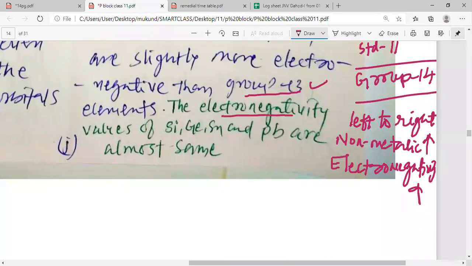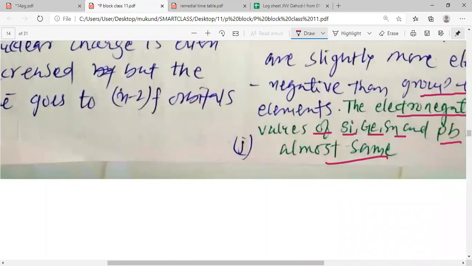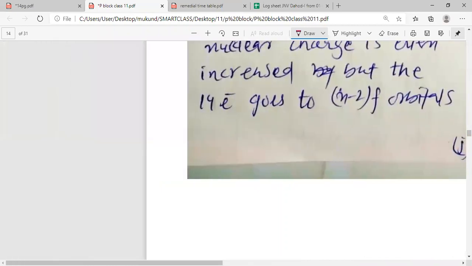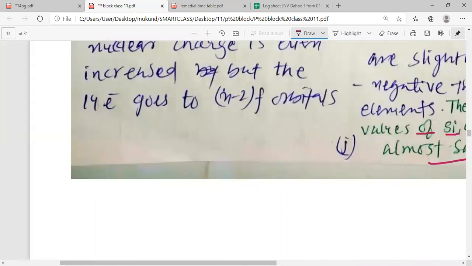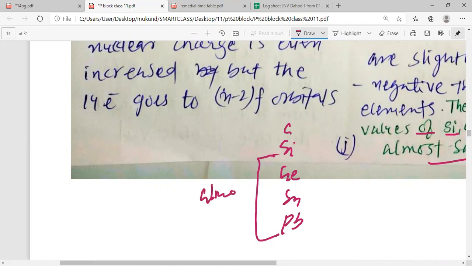The electronegativity values of silicon, germanium, tin and lead are almost the same. This is an interesting point, my dear students: if you go down the group from carbon to silicon, the electronegativity of these four is almost the same.